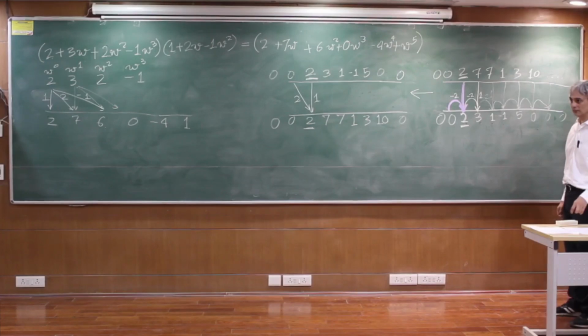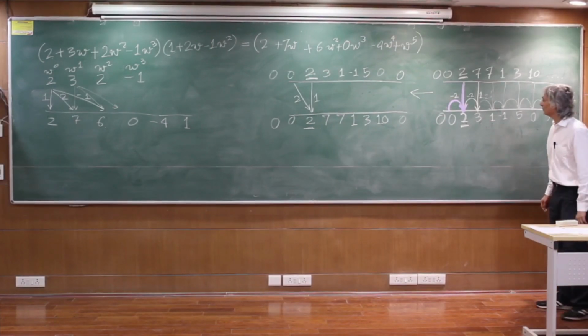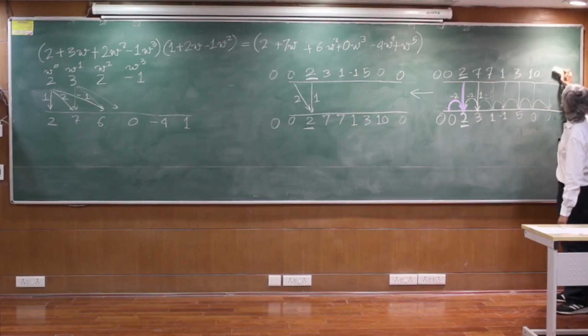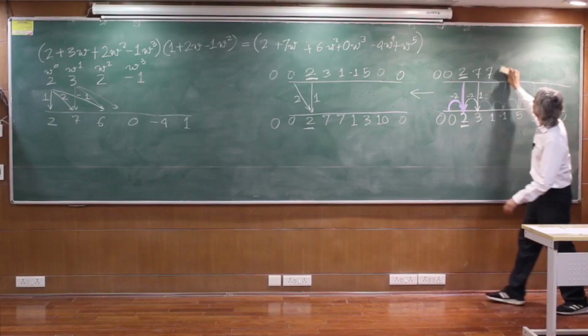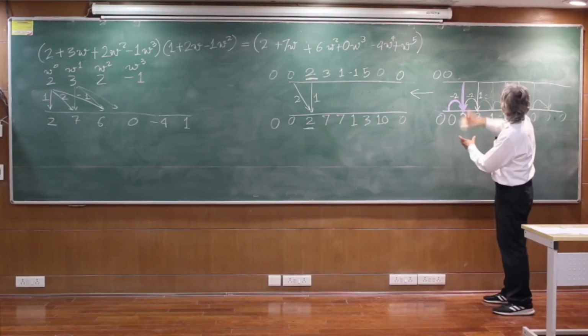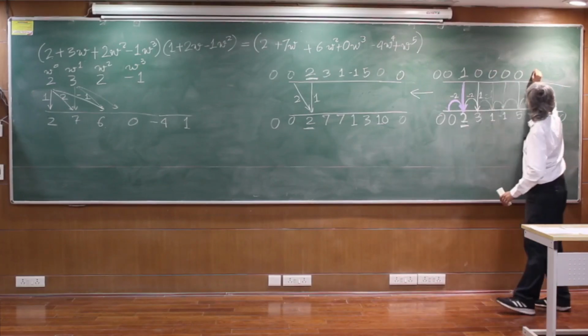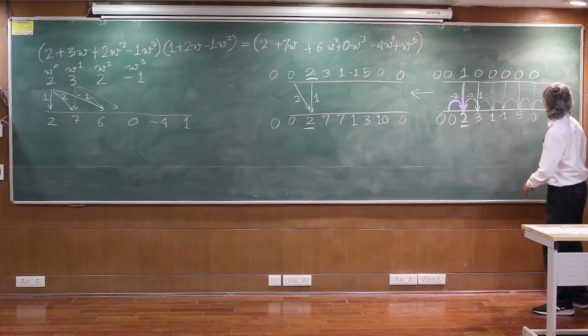A GP with a ratio of minus 2. Yes. And so what do we get? We get that if I put in the impulse input 1 0 0 0 0 0, you have to see what is the output that we get.